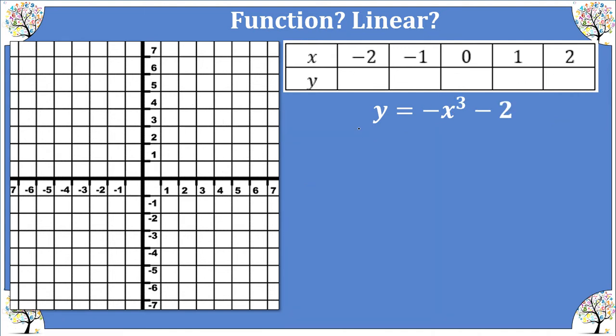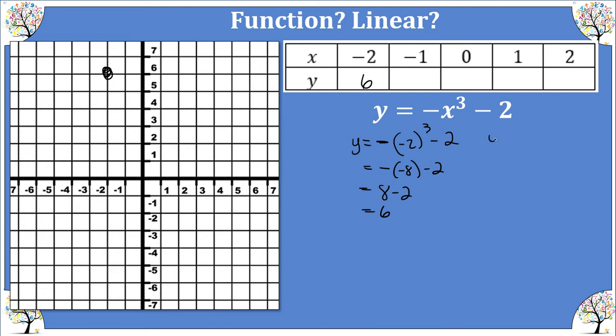Okay, let's do another one. We have y equals, I have a negative from the equation. Let's use parentheses. So order of operations, we have -2 times -2 times -2. That's -8. -8 times this understood -1 is +8, and that gives us 6. So -2, 6.